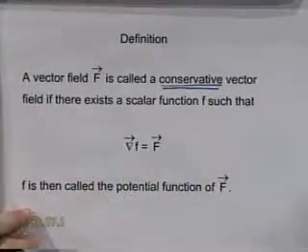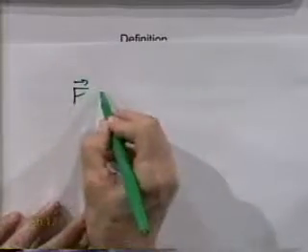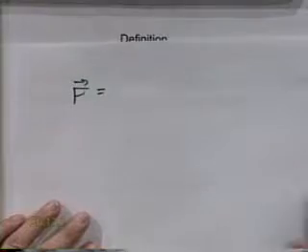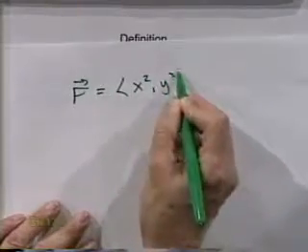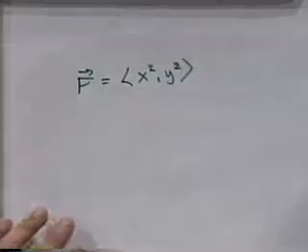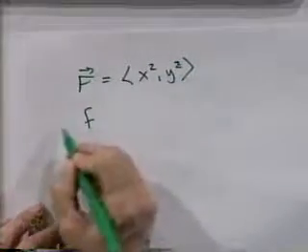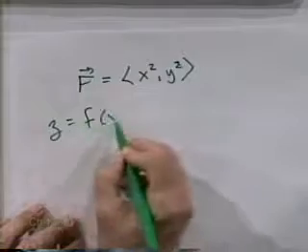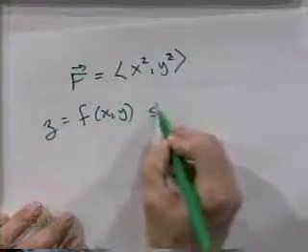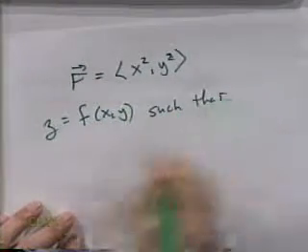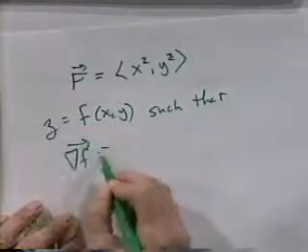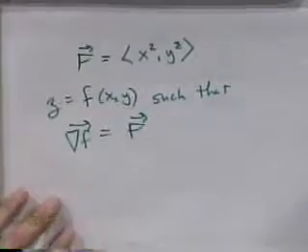Right now, you're looking at that and you're saying, I don't understand what she's talking about. What I'm saying is if you have some vector valued function, it could be 2D or it could be 3D. Maybe I have the vector valued function F of x y equal to x squared comma y squared. The question is, can you find some function z equal to f of x y such that the gradient of f is equal to the vector function big F?